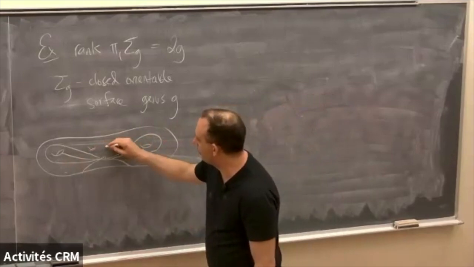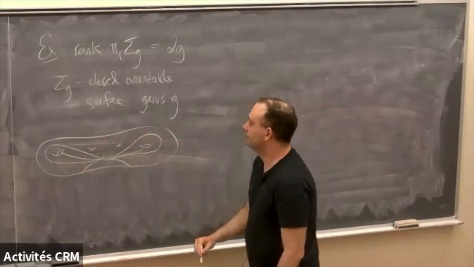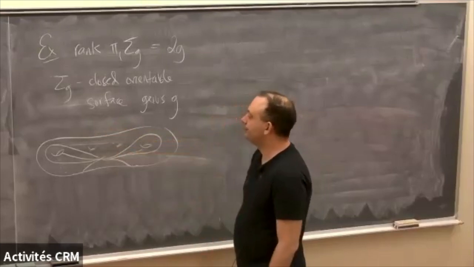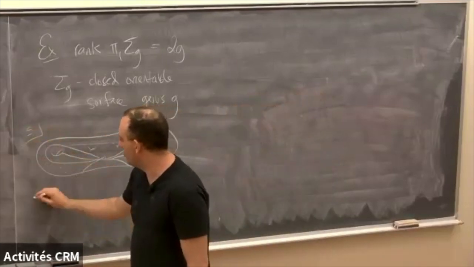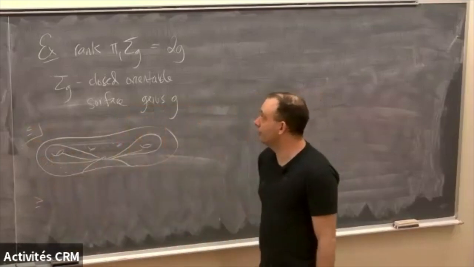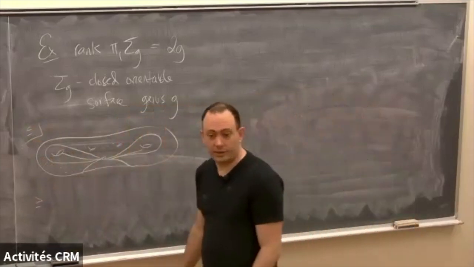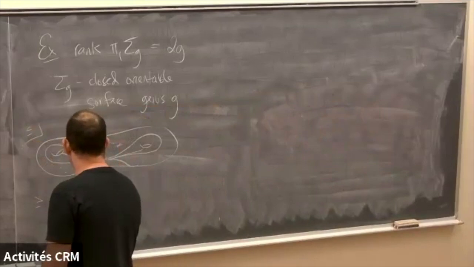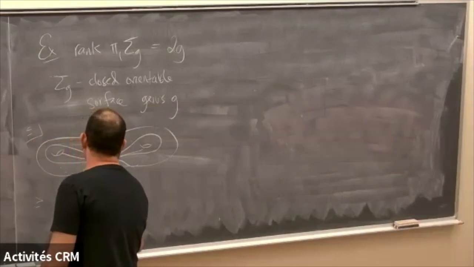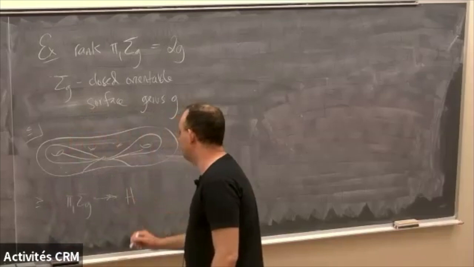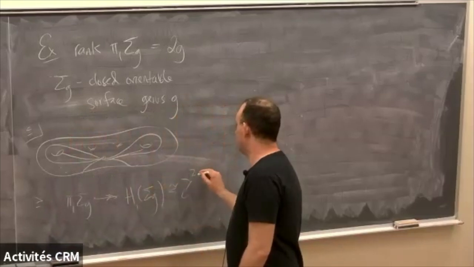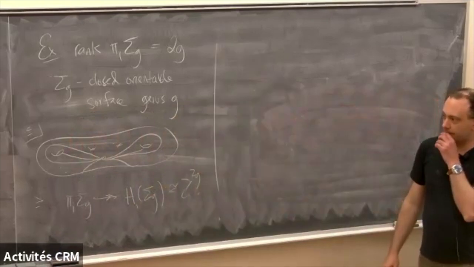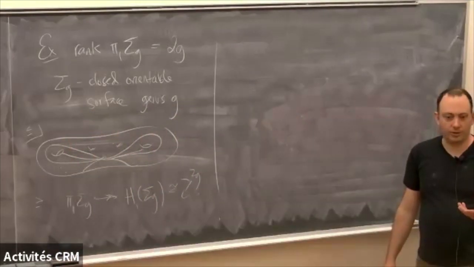Maybe there's more genus, and then I add loops around those too. That's the proof of the upper bound. For the lower bound, you again say that pi_1 of Sigma_g surjects onto the abelianization, which is first homology, and that's Z^(2g). All right, so this is all the easy examples that I'm going to give you.